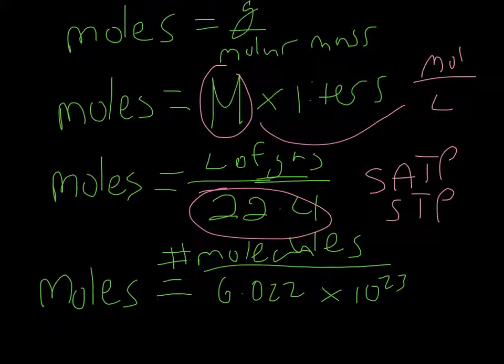So there you have it. Those are the 4 basic equations that you should be taking away from this long, lengthy video, along with the skills like percent by composition and titration. A lot of material, but stick with it. But yeah, that's that. Great job.